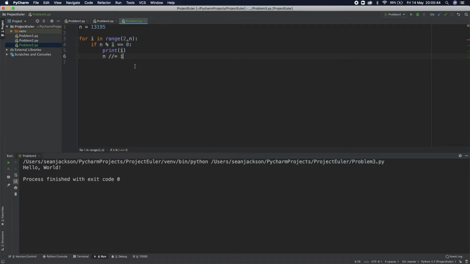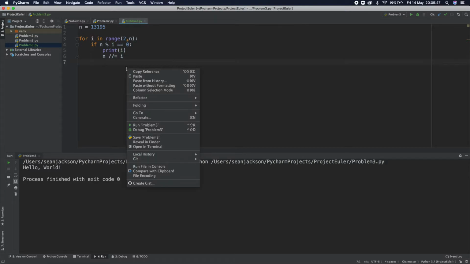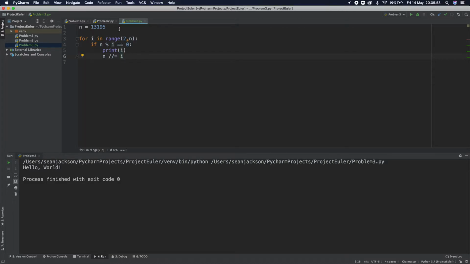So if we keep doing that, it should print all the prime factors. Say if 4 was a factor of the number, say it's 28 for example, then if 4 was a factor, then, okay, I have done this wrong.